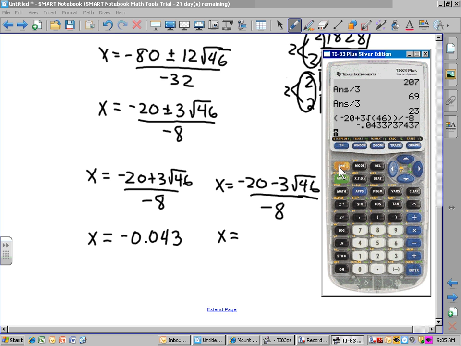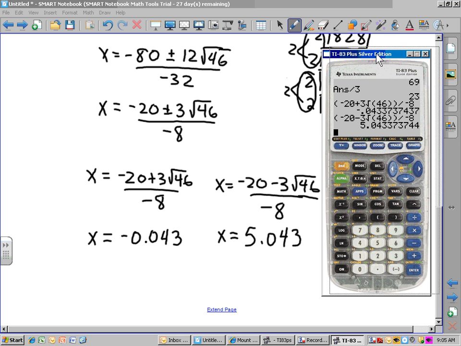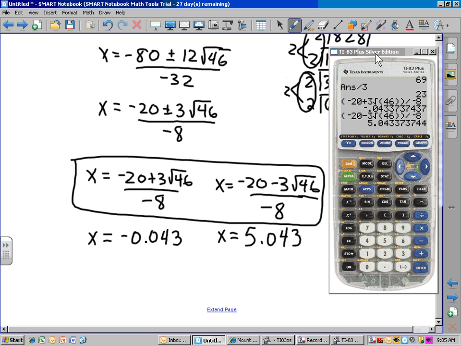And if we recall that, change it to a minus. 5.043. Now, why did we do that? Well, because we can always check our answers. Right? These are the exact. These are the approximate. Okay?